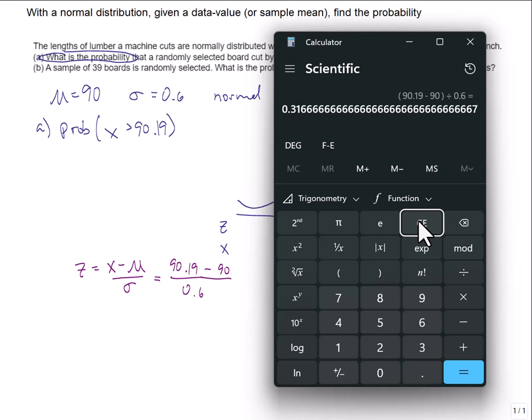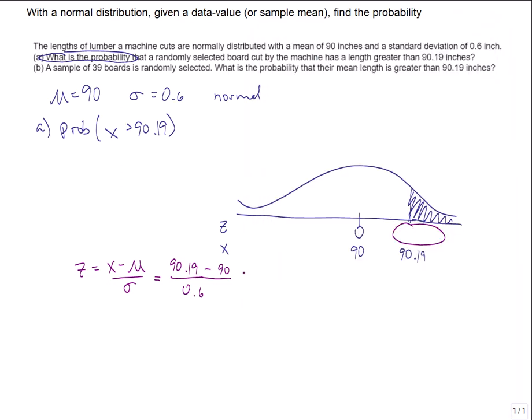There's my z-score. I can write down all those digits, but I'll just use 4 digits to be overly careful: 0.3167 if I round it. Okay, so now I've got my z-score.